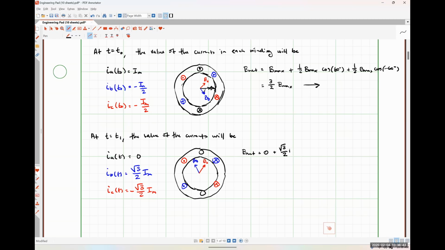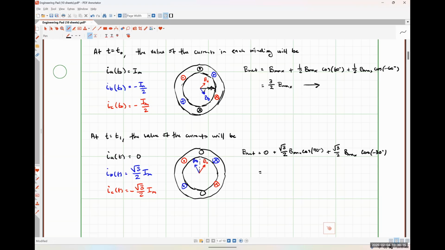√3/2 B max cosine 30 degrees. For what it's worth, the 30 degrees is the angle formed between this vertical axis and our field line. So we're just trying to figure out how much is in the up direction in this case. And then we're going to have plus √3/2 B max cosine of negative 30 degrees.